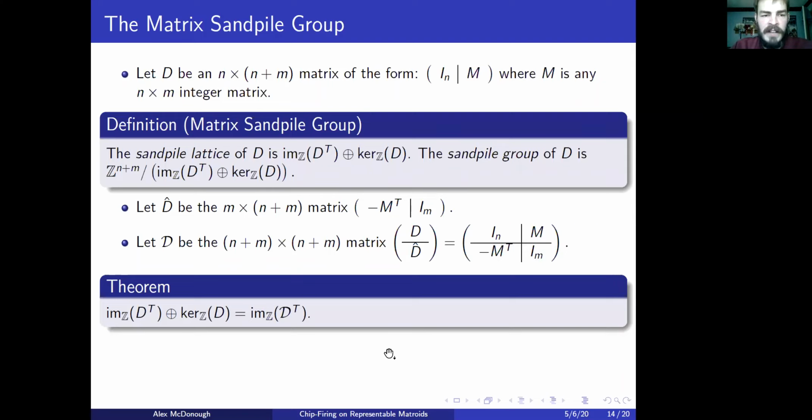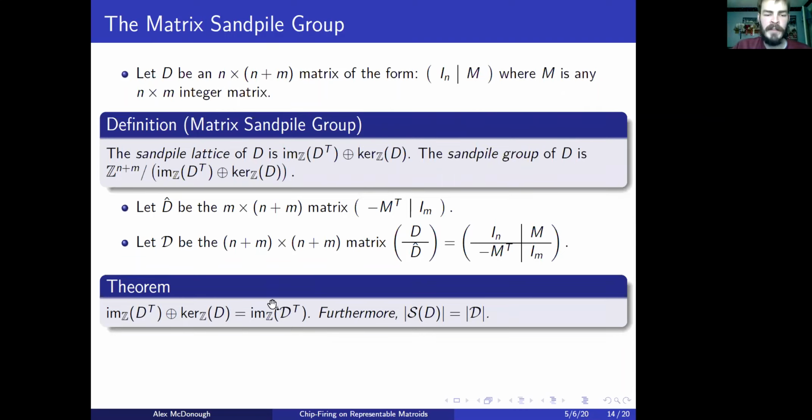So what do we say about this? The sandpile group of D we're going to write as S of D. So the size of the sandpile group of D is going to be the determinant of fancy D.